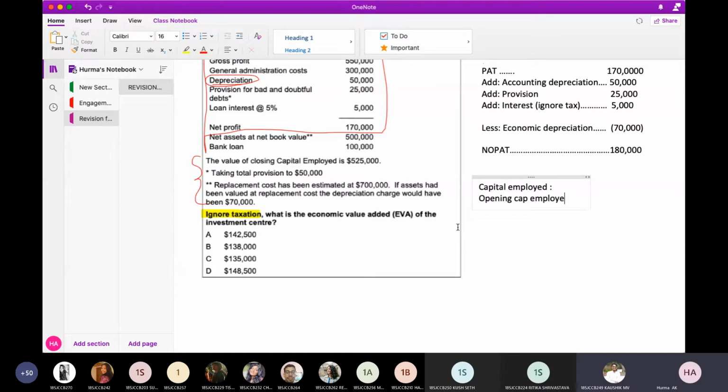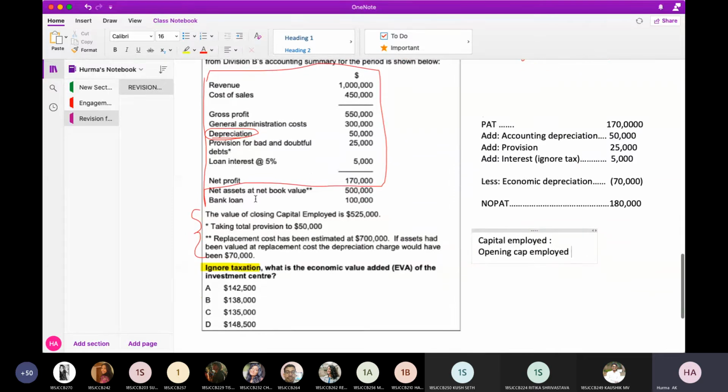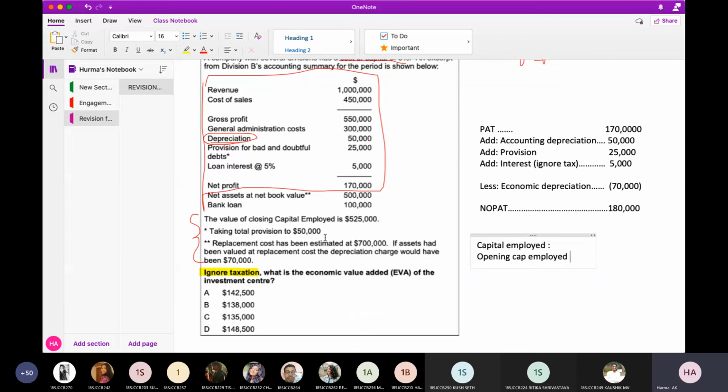It's not given, no, ma'am. Okay, see here they've told us the net assets at net book value is given, bank loan is given, value of closing capital is given, replacement cost is given. So they've not told you that this is the opening capital.